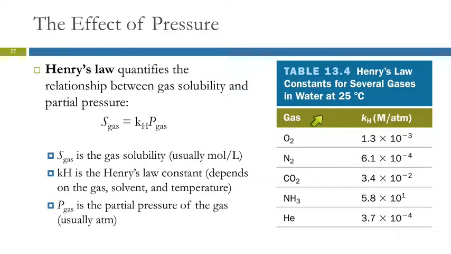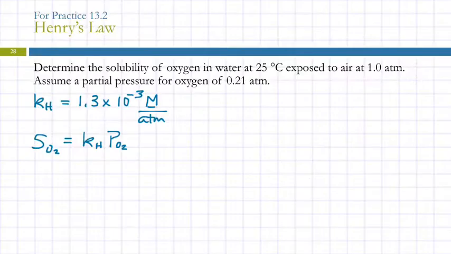Note that in this table, a temperature is specified. The Henry's law constant is going to vary somewhat with temperature, and so that's why the temperature was given. It doesn't actually come into the calculation, though. So here we have the partial pressure of oxygen. So that's P_O2.